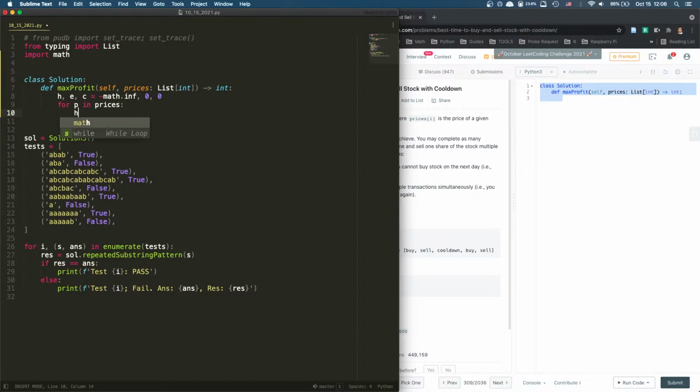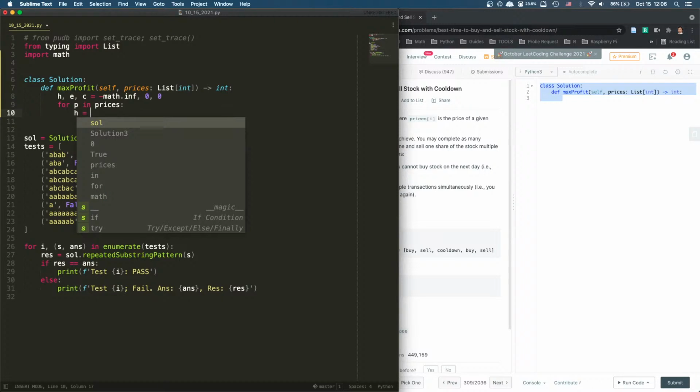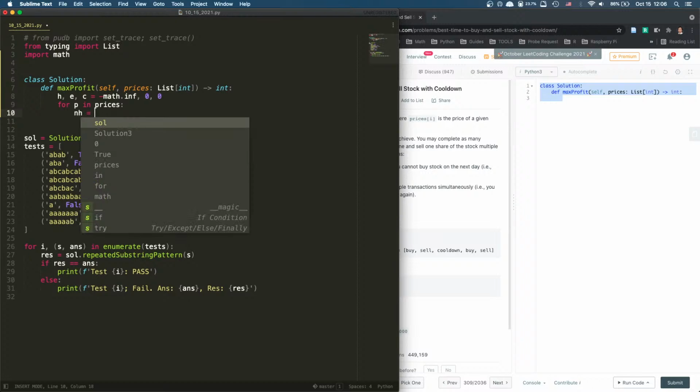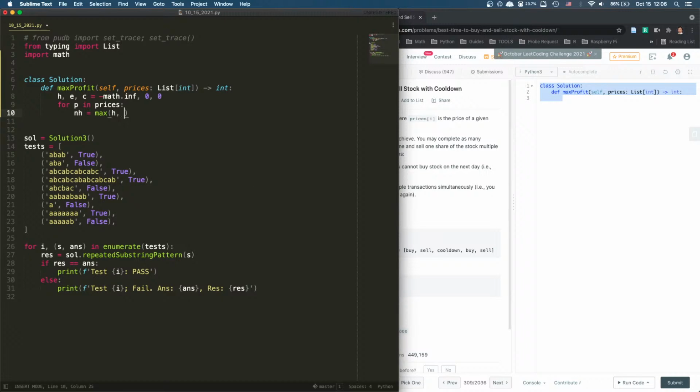So new H, we need old and new. New H will equal the maximum of old H or E minus price.